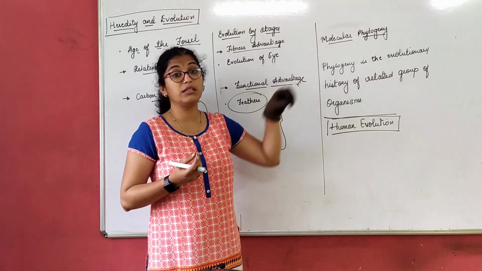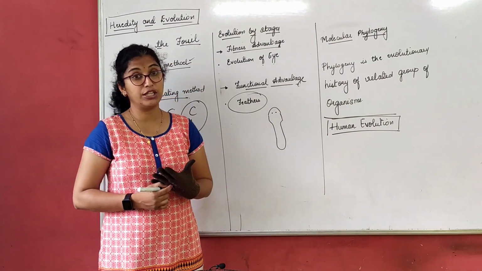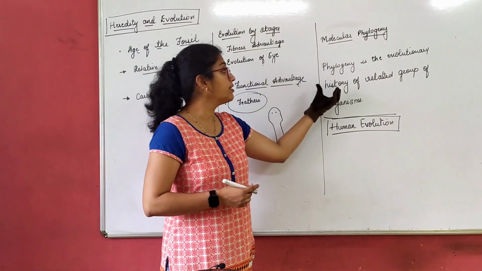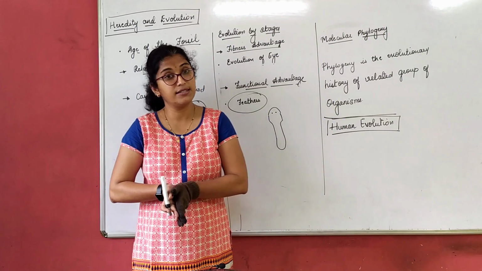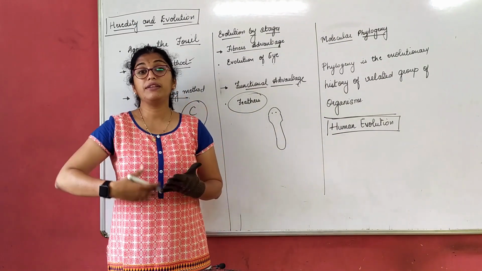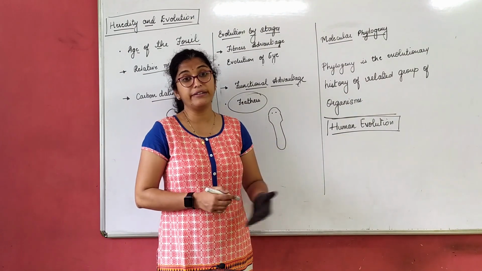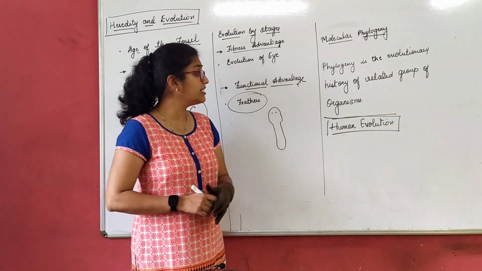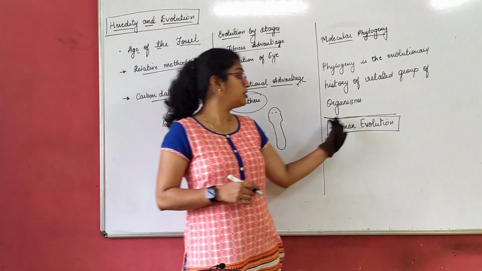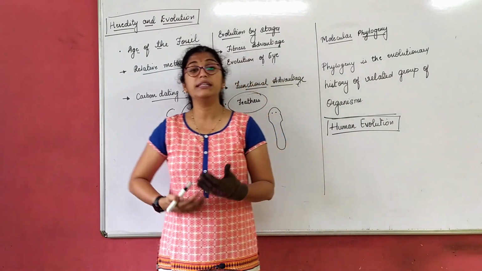So that is something about molecular phylogeny. We only understand what molecular phylogeny is in this chapter, because when we study evolution, we need to know also about molecular phylogeny.